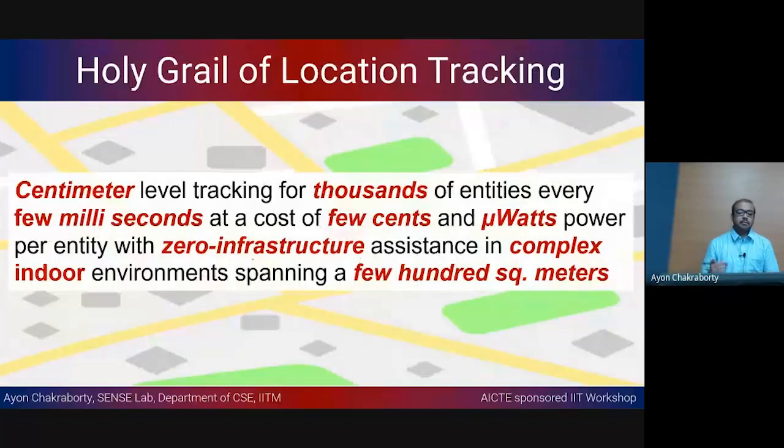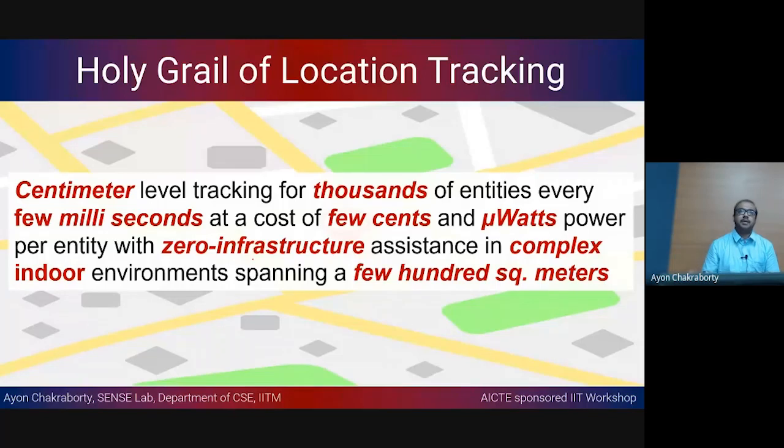Okay, so what's the holy grail of localization? What is the expectation from such technologies? We want centimeter level tracking, or let's say millimeter, very accurate tracking. Centimeter is just a number I chose, but these are the key pointers. For thousands of entities, every few milliseconds, which is basically the update rate at which you update the location of those entities, and the cost is very low, few cents or few rupees.